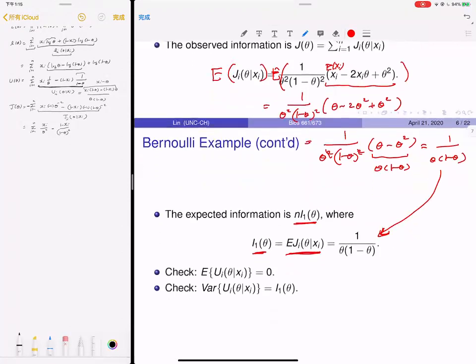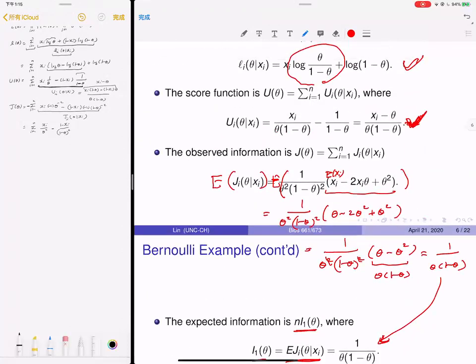And then looking at this, number one, I said the expected value of the score function is 0. How do I see it? This is Ui. You take expectation on the Ui. What happens? You take the constant out, because it has nothing to do with the expectation.